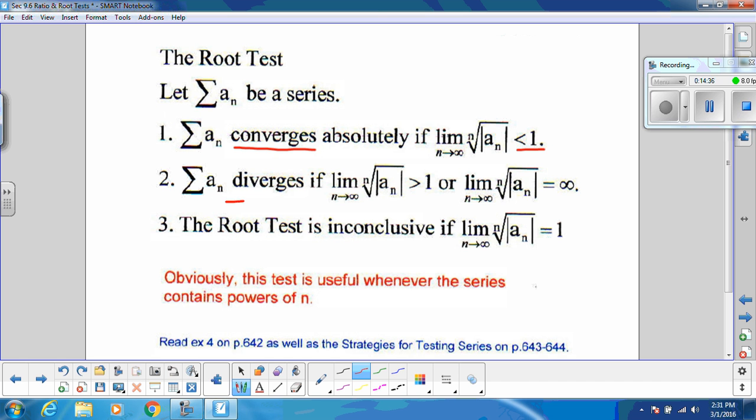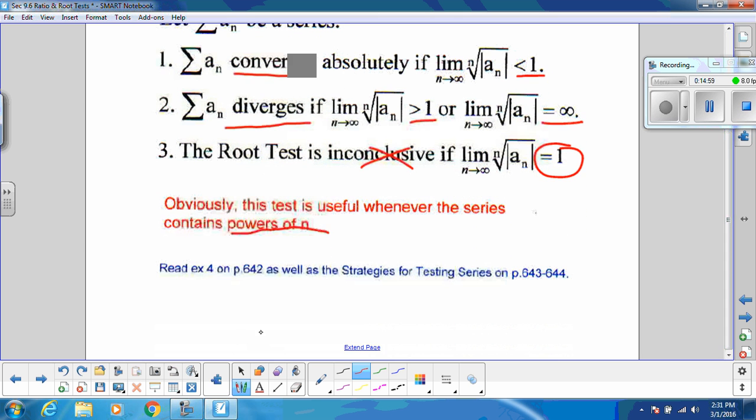And then it diverges if that nth root is greater than 1 or equal to infinity. And remember, it's inconclusive if it's equal to 1. Okay, so that's the root test. Obviously, this is useful when we have powers of n, so that nth root is going to cancel with any powers of n.